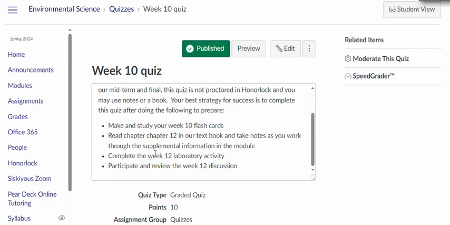Complete the lab activity and then participate and review the discussion. This should say 10 and this should say 10. So I got a little confused about the chapter number versus the week number, but this should say complete the week 10 laboratory activity and participate in the week 10 discussion.